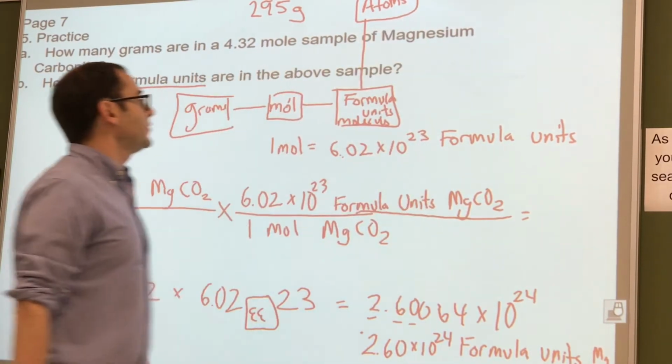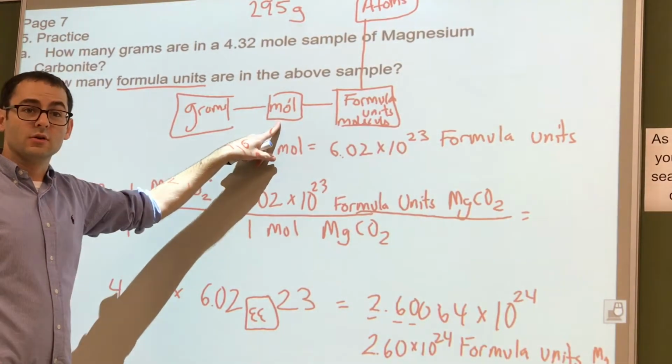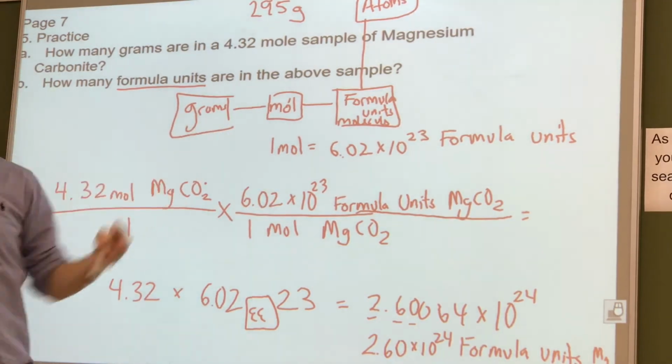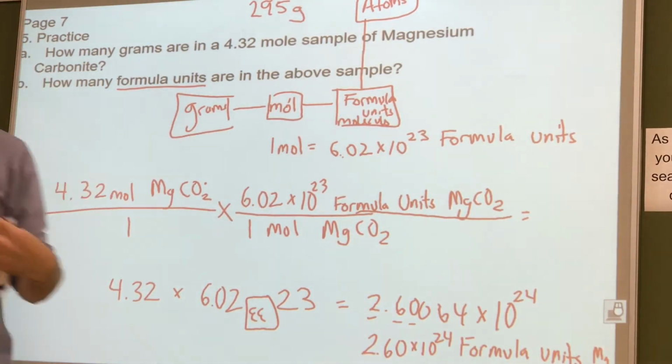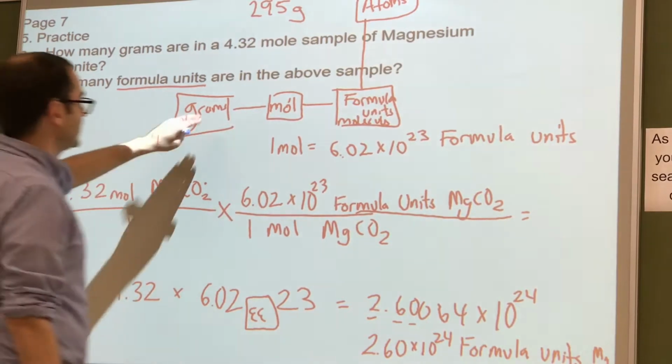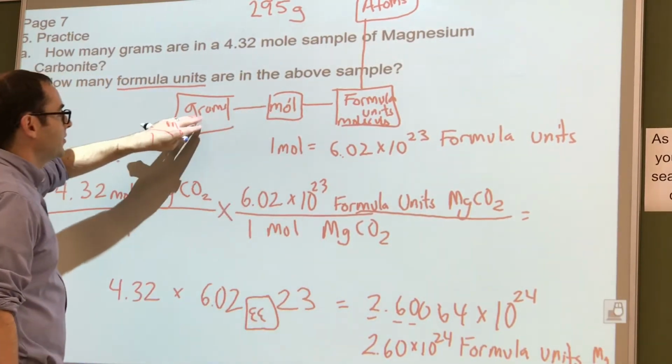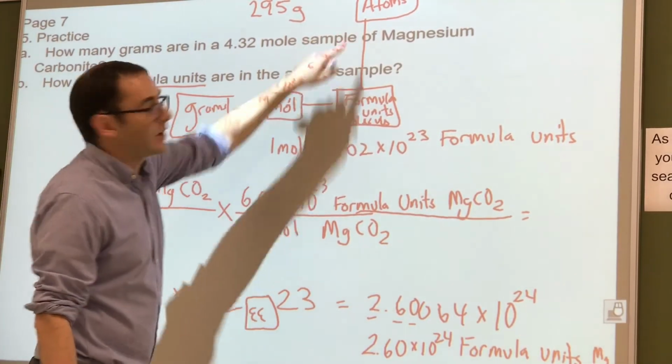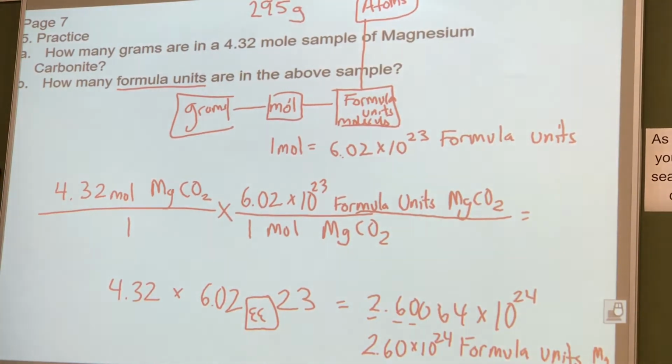Would you be wrong if you started with moles? No, because that's what's given, right? So you could do that and do 2 steps. Would you be wrong if you started with grams? No, as long as you did the first part right, you'd be right on this too, right? The problem with that would be though, you'd have to go 1, 2, 3, so there'd be a lot of converting there. And if you do it these different ways, that's fine.